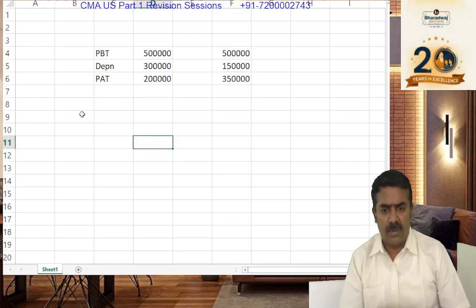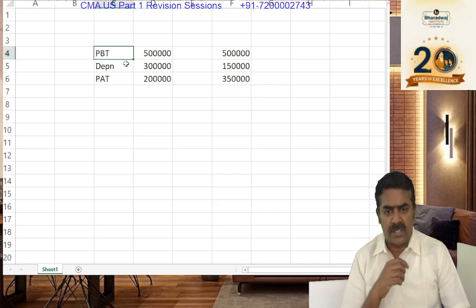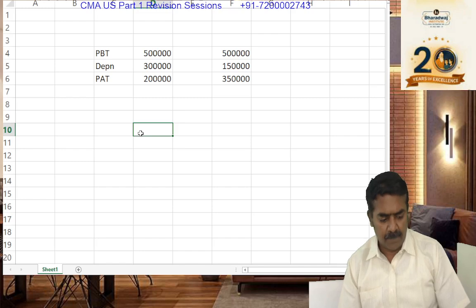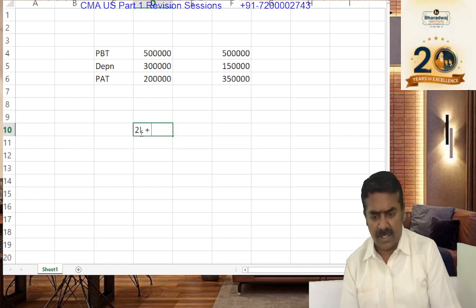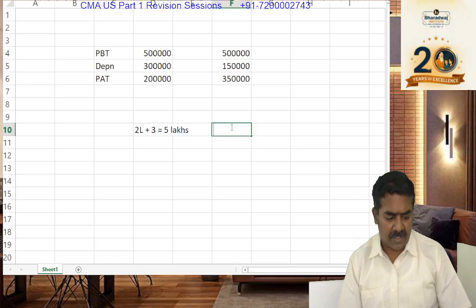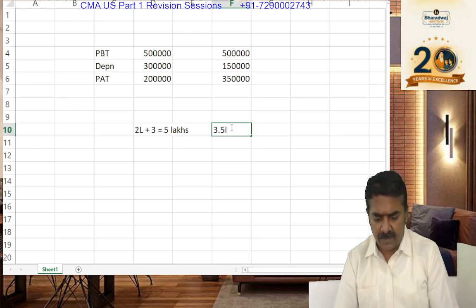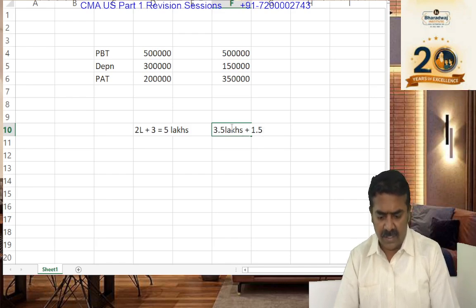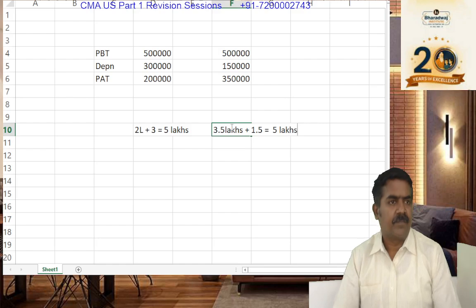3,50,000. Now, when you work out cash from operating activity, when you start with the tax base, what will you do? 2 lakhs. We'll add back depreciation 3 lakhs. What will be the total? 5 lakhs. When you go with accounting base, what is the profit after tax? 3.5 lakhs plus what? 1.5 lakhs. It will result in what? Same.